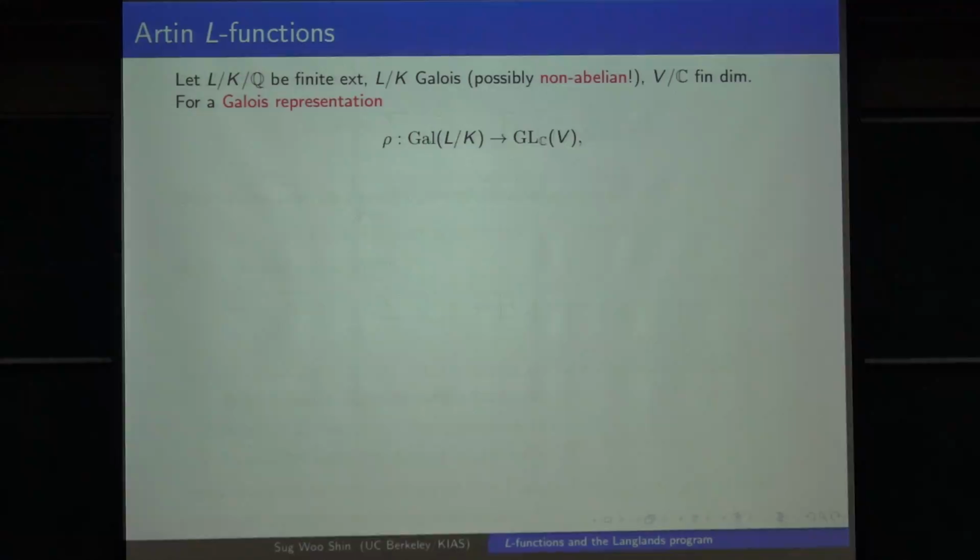Okay, now we are in a different world. So far, Hecke L-functions have been in the direction of harmonic analysis. Now we are in the realm of Galois theory.